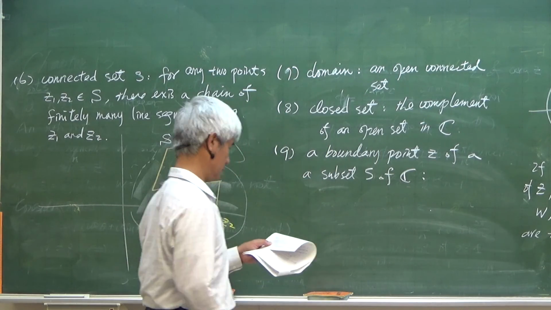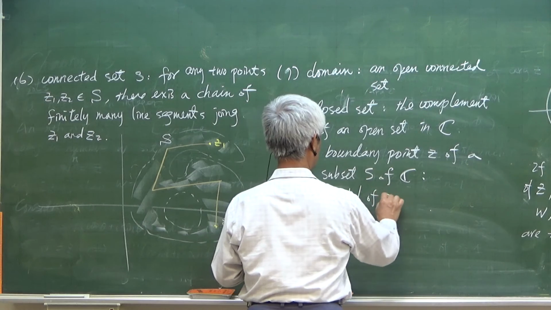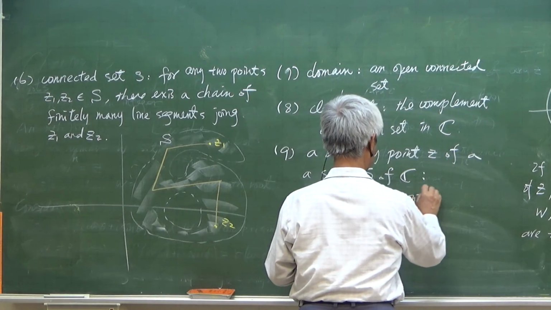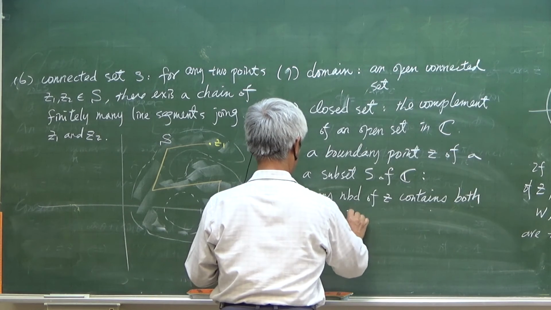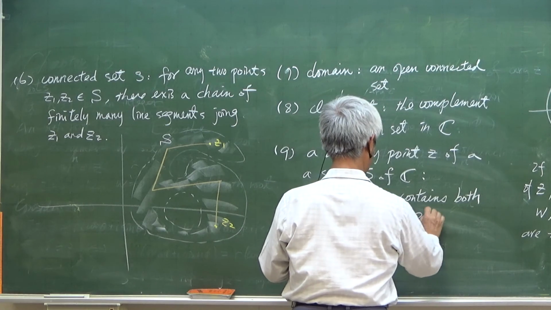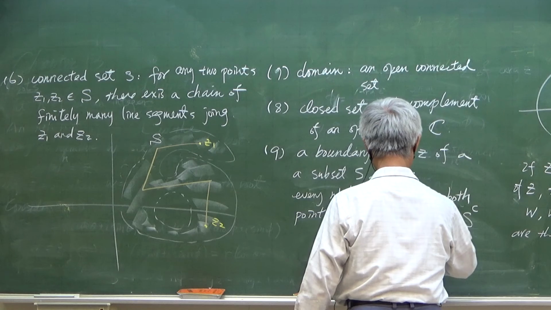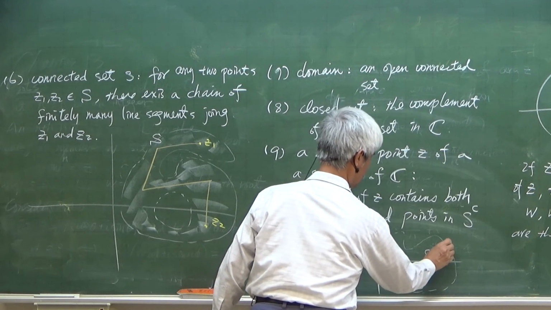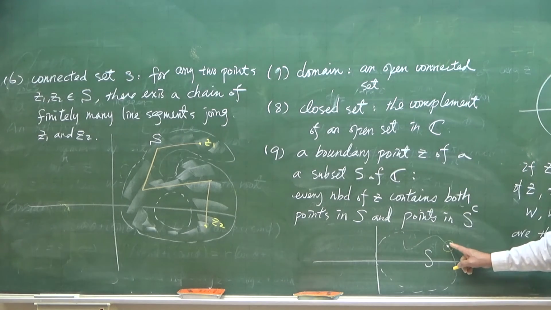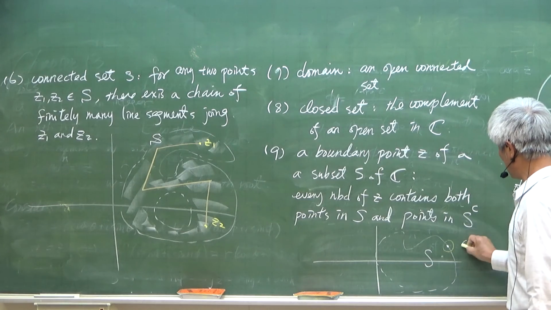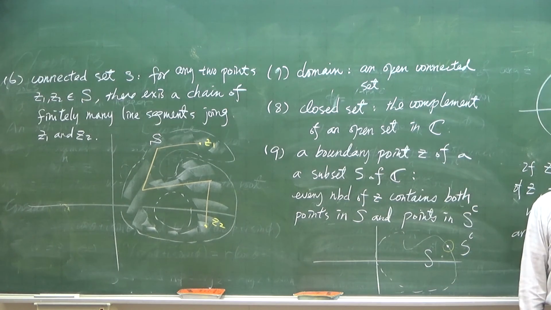We say z is a boundary point if every neighborhood of z contains both points in X and points in the complement of X. So we have this X. At the boundary point, if you take a neighborhood, you will find that it includes points in X and also in the complement of X. Every neighborhood has this property.